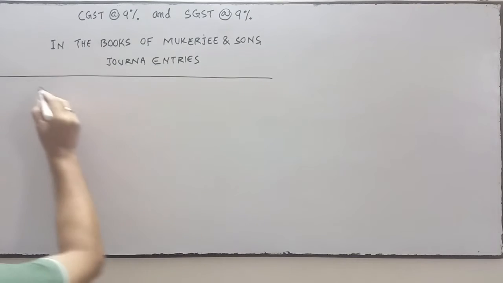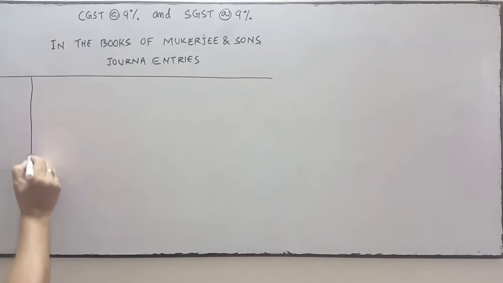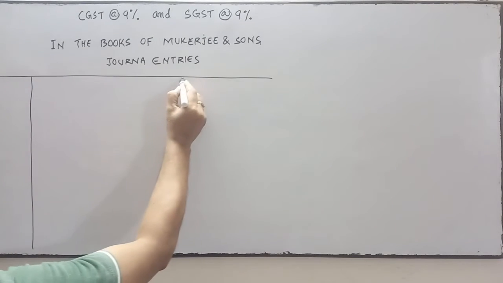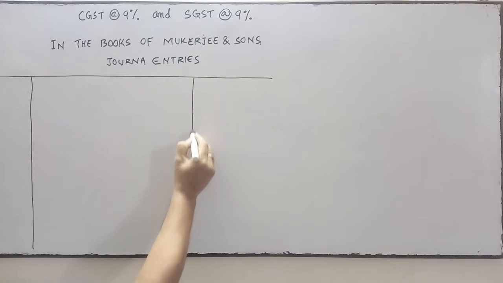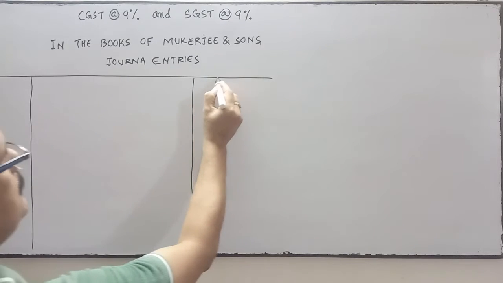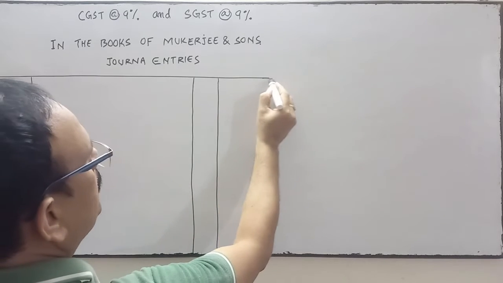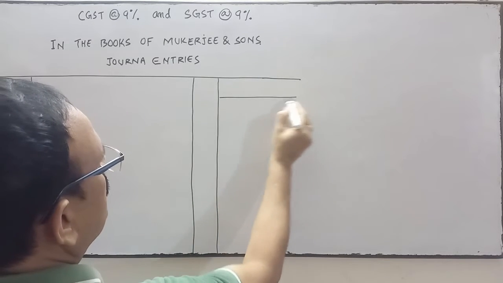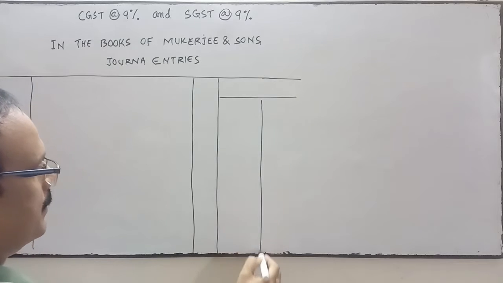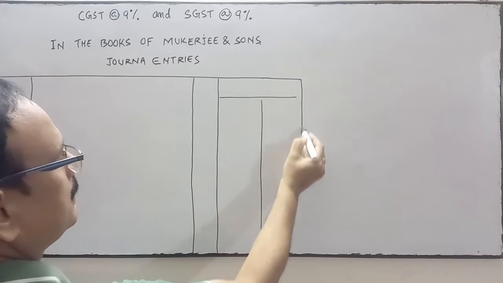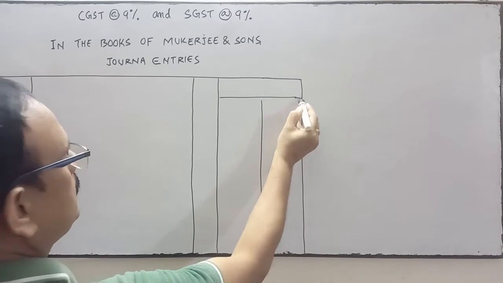You know the format of the journal: this is for date, this is for particulars, this is for ledger folio, and two columns for amount in rupees.